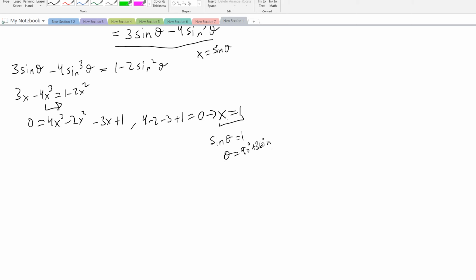So that doesn't work because, recall, theta was 18 degrees. It certainly was not 90 degrees plus an integer multiple of 360. Let's factor out x minus 1 and see what else we're left with.